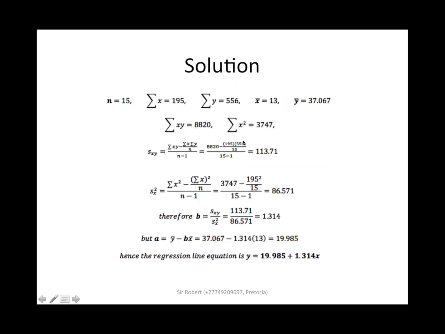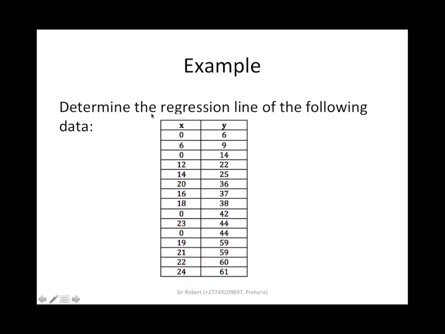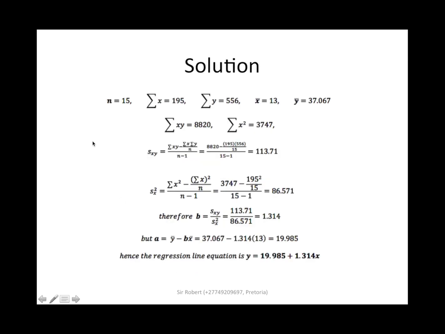Let's go on. If you count the numbers in your data set, you know that there are 15 data sets: 1, 2, 3, 4, 5, 6, 7, 8, 9, 10, 11, 12, 13, 14, 15. So your n is 15. That's why we wrote here that n is 15. These ones we have from the previous table.